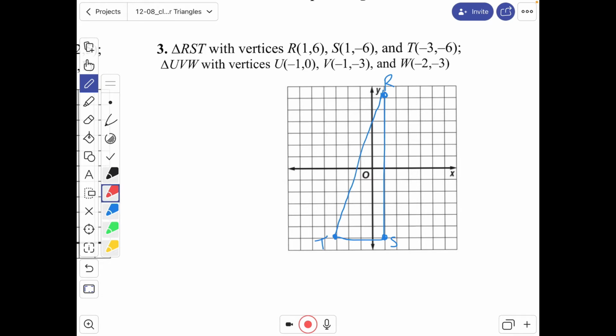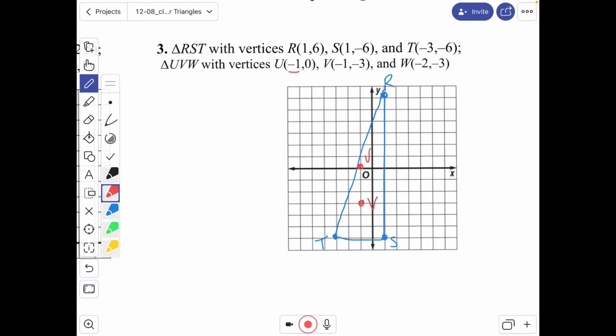Okay, so that's RST. And then you might want to use a different color so you can see the second triangle, which is UVW. I'm going to go over -1 and up 0. And go -1 and down 3. Put a dot. Sorry, forgot to label.